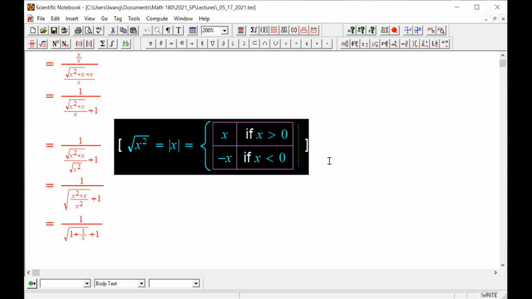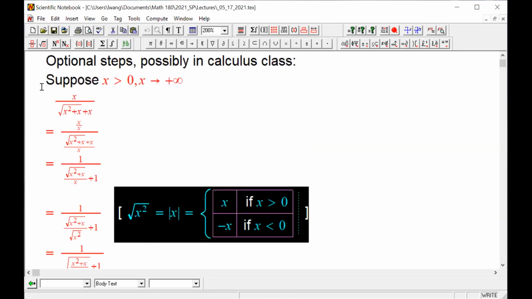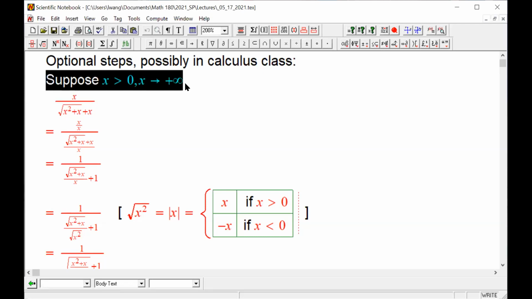Okay, so let me show you another scenario. What if x is negative, x approaching negative infinity? What will happen? Because there will be a situation that x is approaching negative infinity.